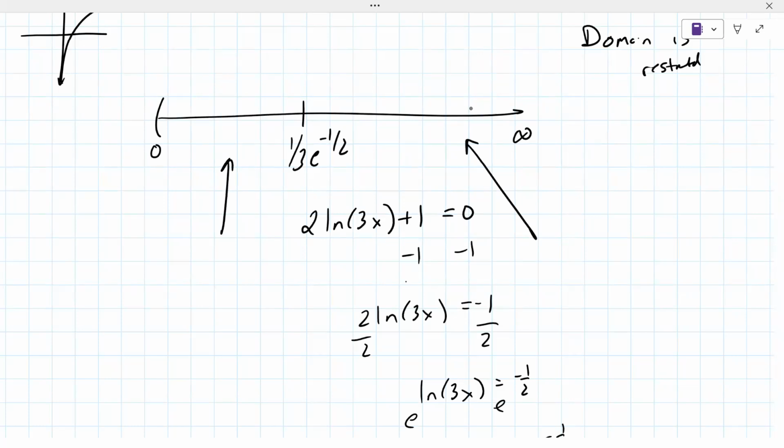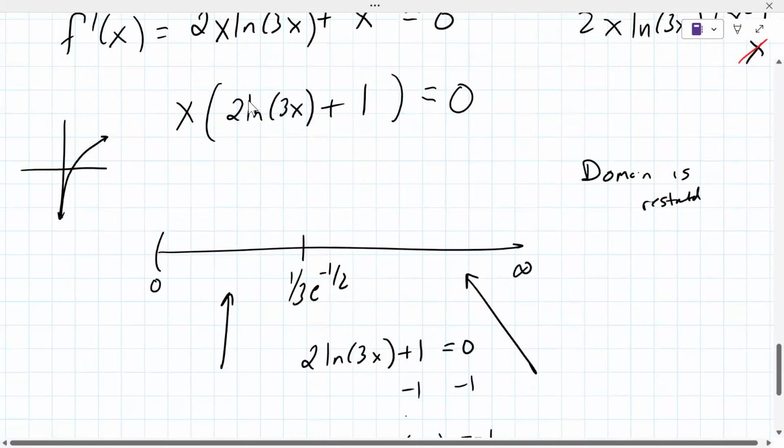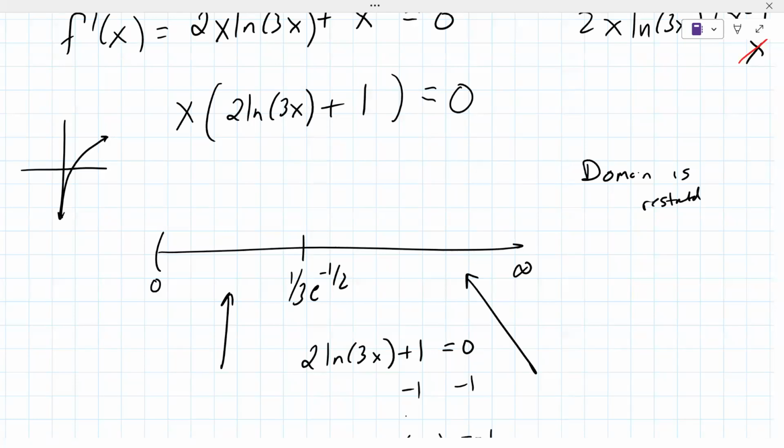This one probably wouldn't come up like this, but the worst part is now you have to put it back in. You have to get a sense of whether it's positive or negative, and things like that. So let me go see if I can find some other examples here.